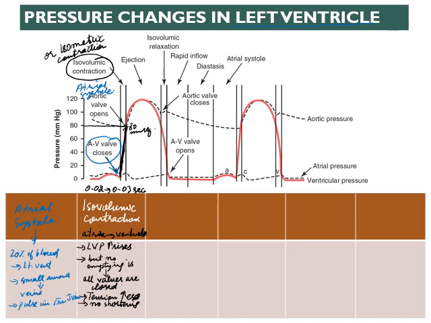When this pressure is achieved and when ventricular pressure exceeds 80 mm of mercury, then the aortic valve opens at this point, and this marks the beginning of ejection phase.